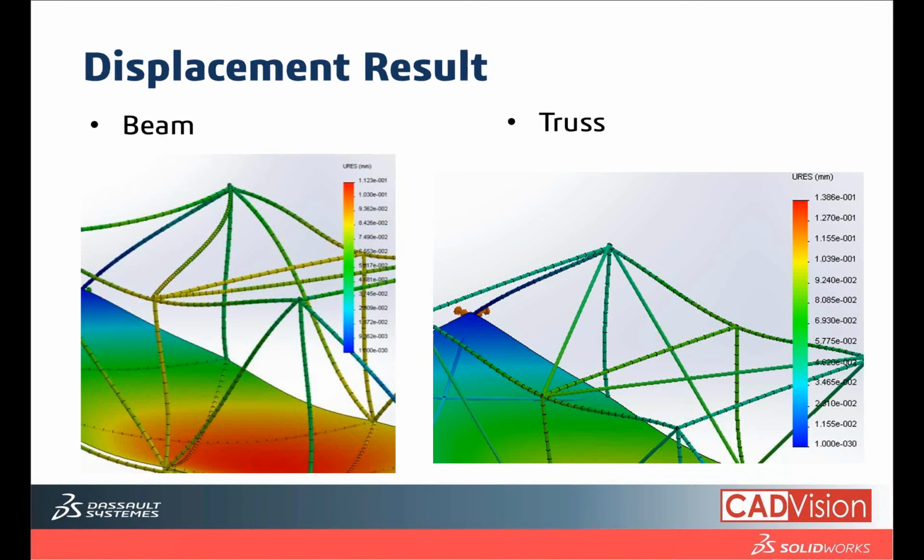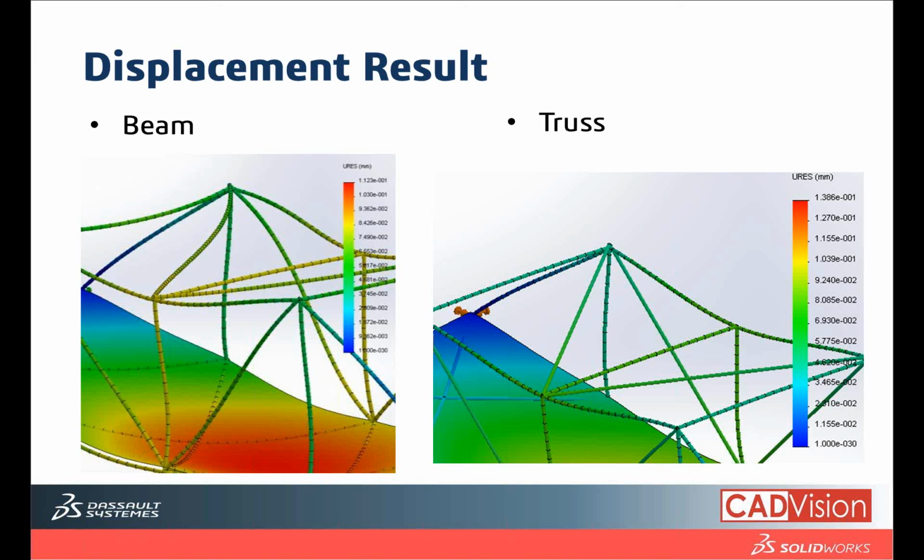So as you can see here, these are the displacement results in two cases. One is the beam case, and the other one is the truss case. For the beam case, it considers the shear force and the bending moment. That's why you will see some unnatural bending, some unnatural deformations on the beam, which is not the actual case.